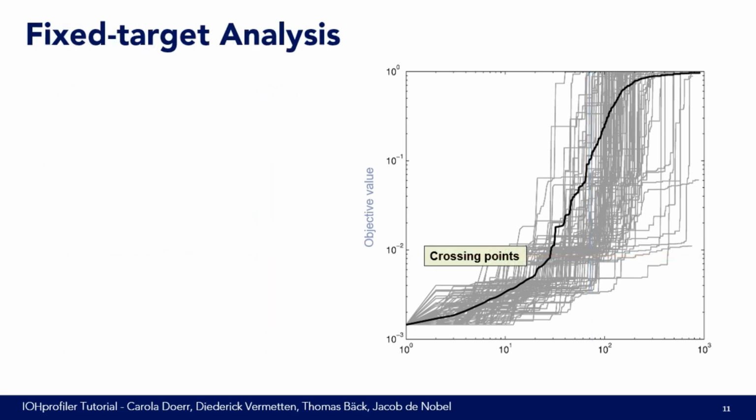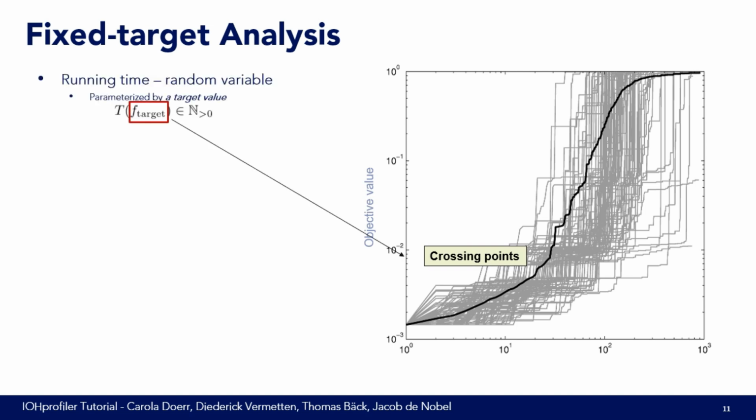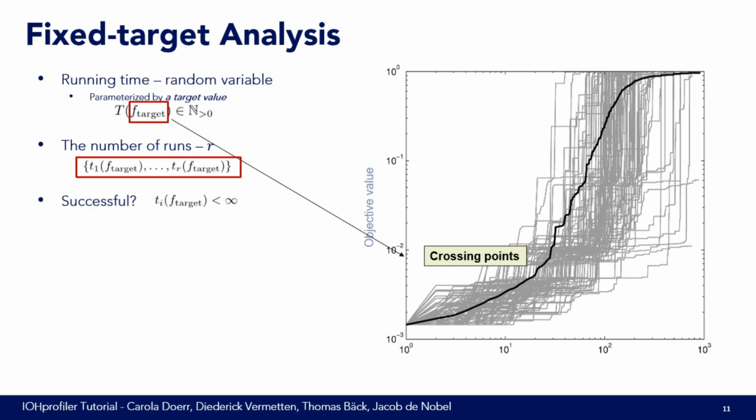You can start with the fixed target analysis, where we can see running time as a random variable. So we have fixed a certain target, and the amount of evaluations we reached is a random variable of which we have some amount of observations. We have our runs, and these runs can be either successful in that they are not infinite, or they can be unsuccessful, in which case we can say they needed infinite time, we never reached them.